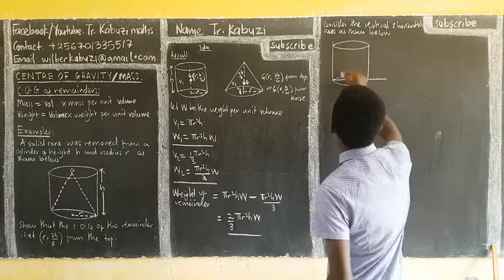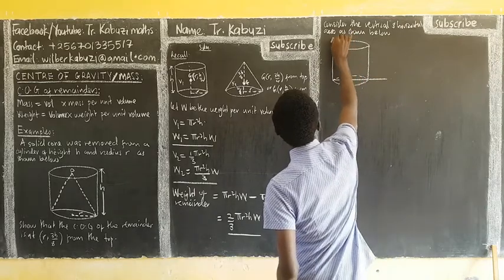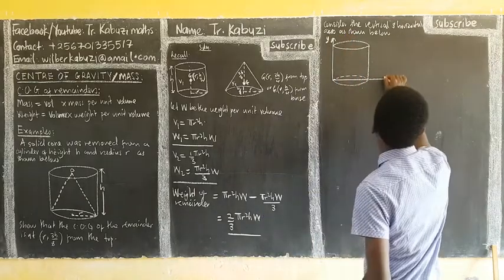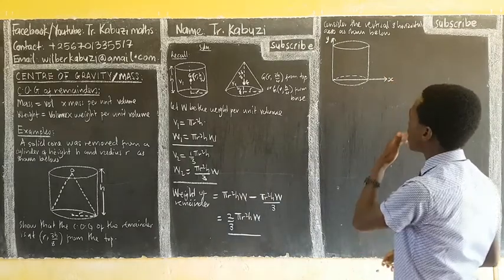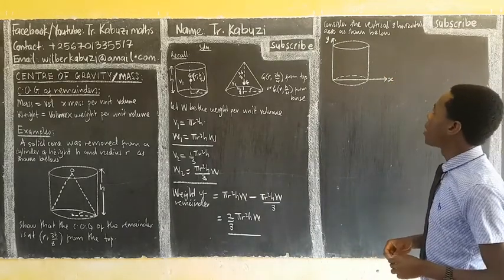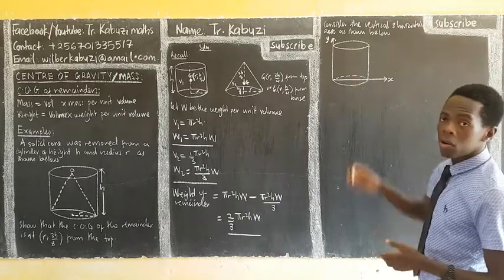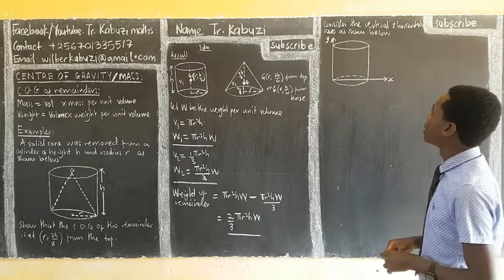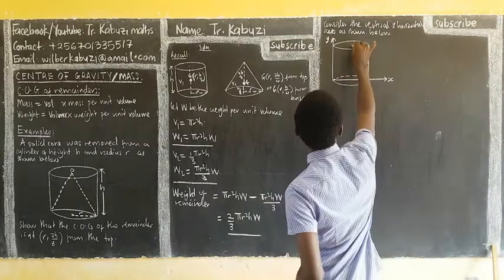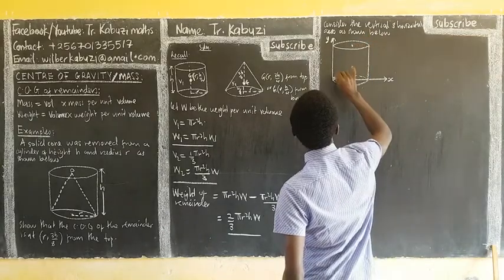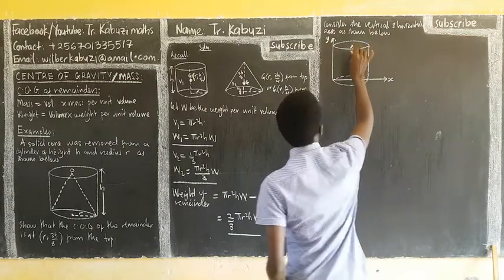Let me consider this as my y and this as my x. So we need to get the center of gravity of the cone and also of the cylinder. Now we can insert our cone in that order.